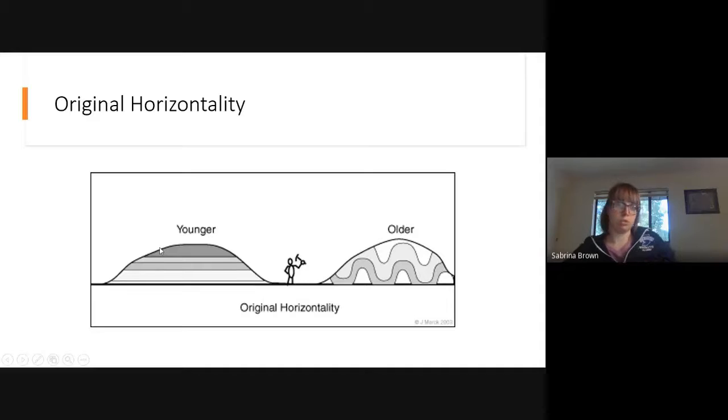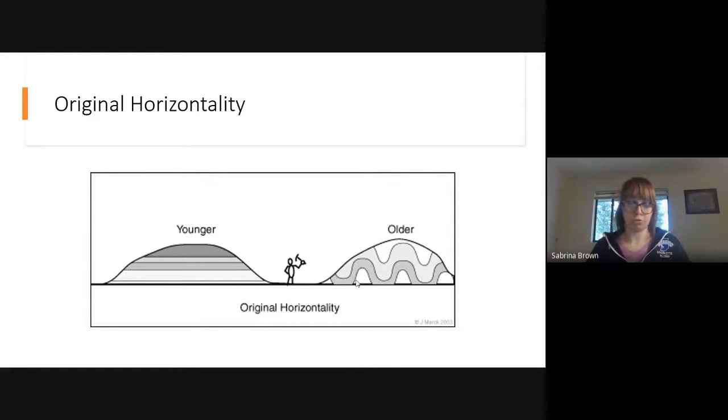So rocks are originally deposited horizontally, and then we could deform them later, but that deformation, the tilting, happens after they are originally deposited horizontally.